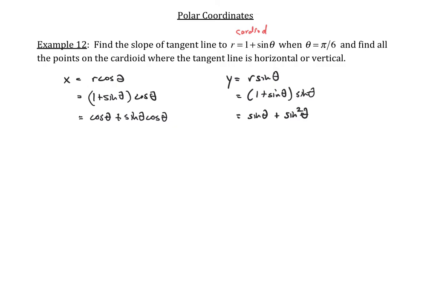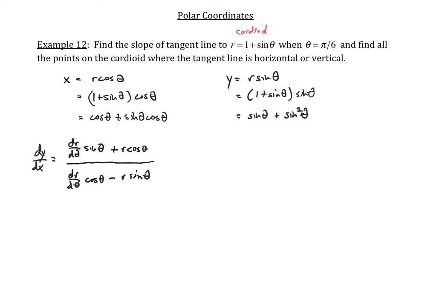Okay, so we know that when we want to calculate our derivative, dy/dx, we had our formula from before. That's going to be dr/d theta sine theta plus r cosine theta, all over dr/d theta cosine theta minus r sine theta.